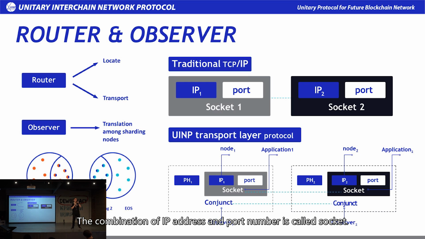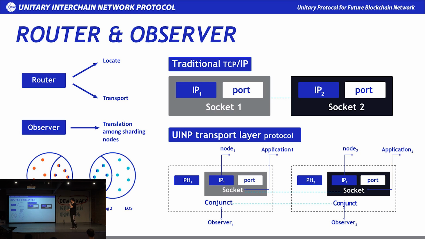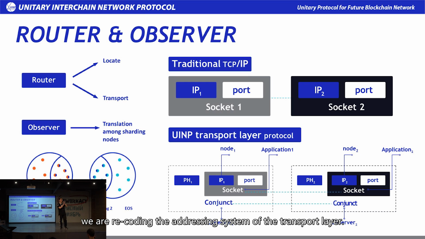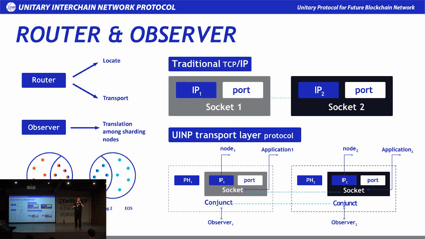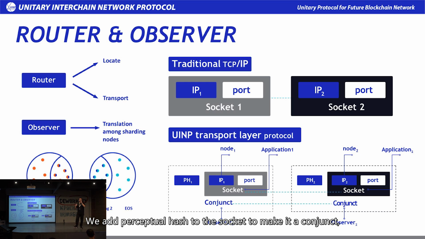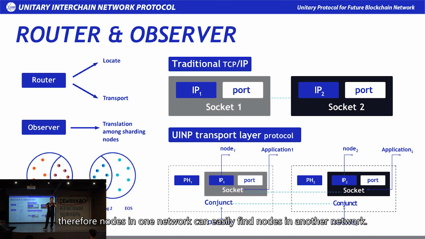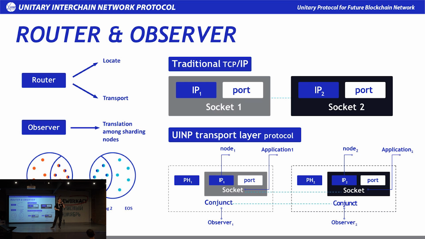The combination of IP address and port number is called a socket. In the UINP transport layer protocol, we record the addressing system of the transport layer. We add a perception hash to the sockets to make it a contract. Therefore, nodes in one network can easily find nodes in another network.